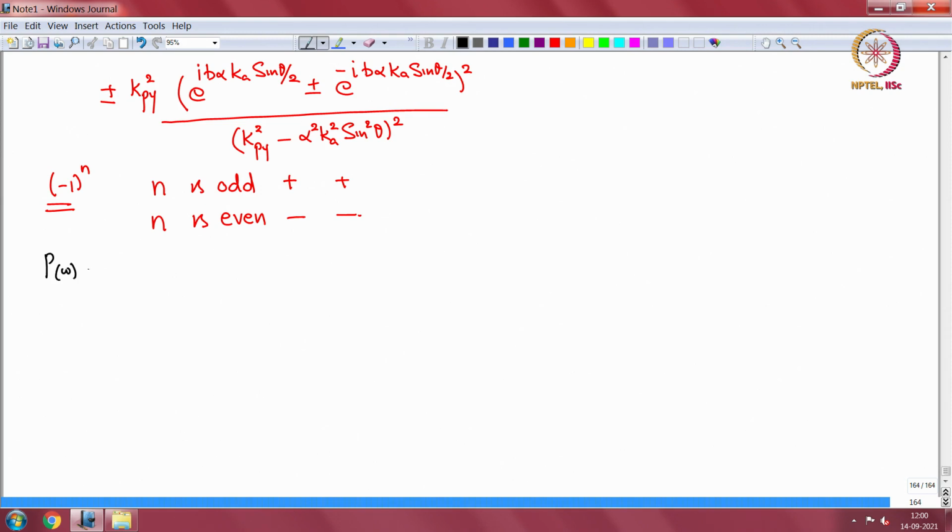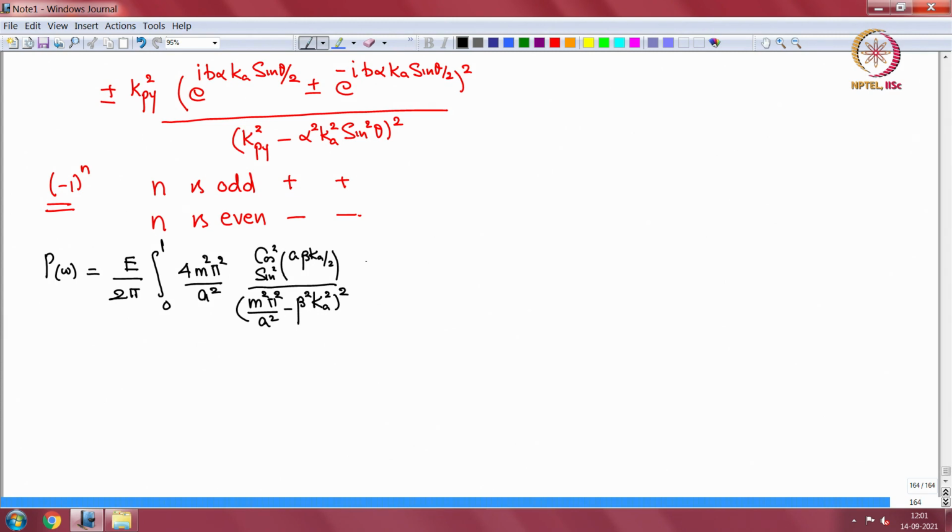The power looks like e by twice pi integral 0 to 1 4 m square pi square by a square, then either cos square or sine square of a beta ka by 2, cos for odd value of m, sine for even value of m, divided by m square pi square by a square minus beta square ka square whole squared.